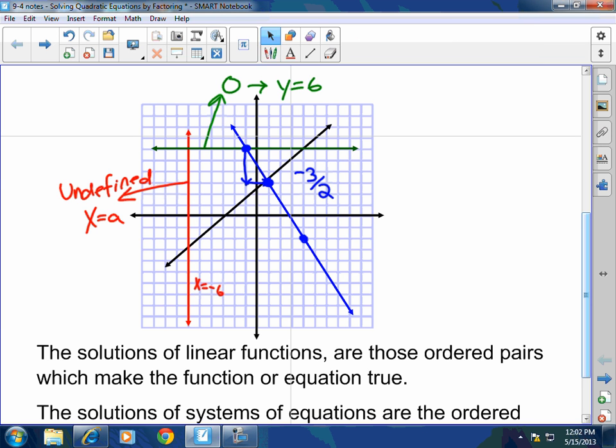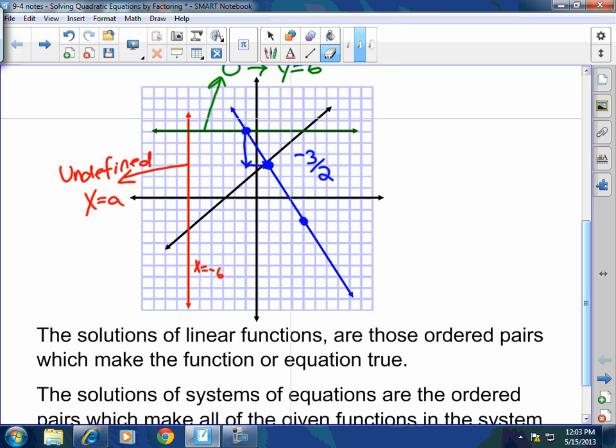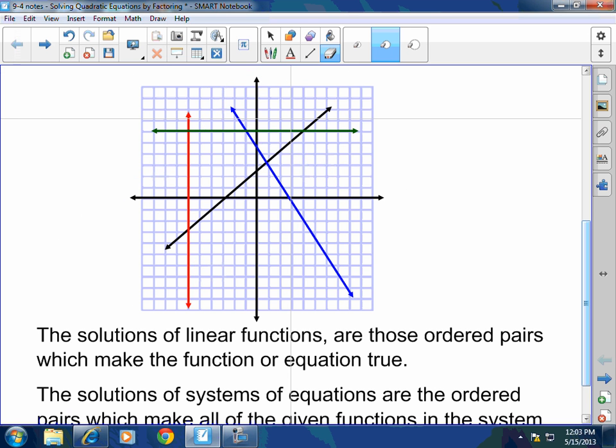That's what linear functions are going to give you, straight lines. When we're talking about solutions, because that's what we're talking about today with quadratics, when we're talking about solutions of a linear equation, my friends, every single point that makes the equation true is a solution.